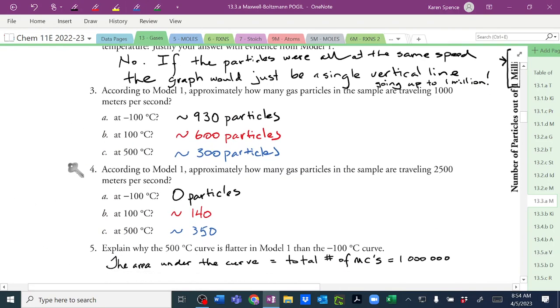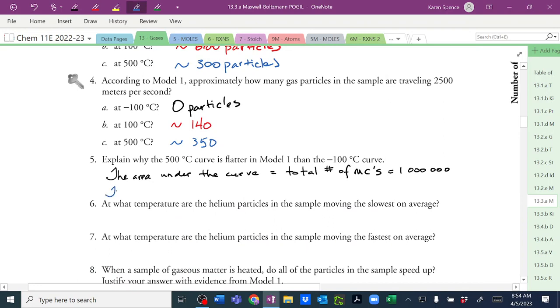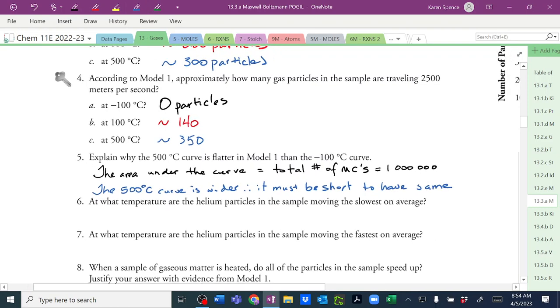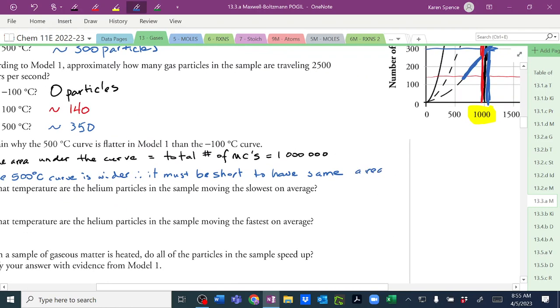So the 500°C curve is wider, therefore it must be shorter to have the same area as the negative 100°C curve. And since we have the same number of molecules in each, the area has to be the same for both.